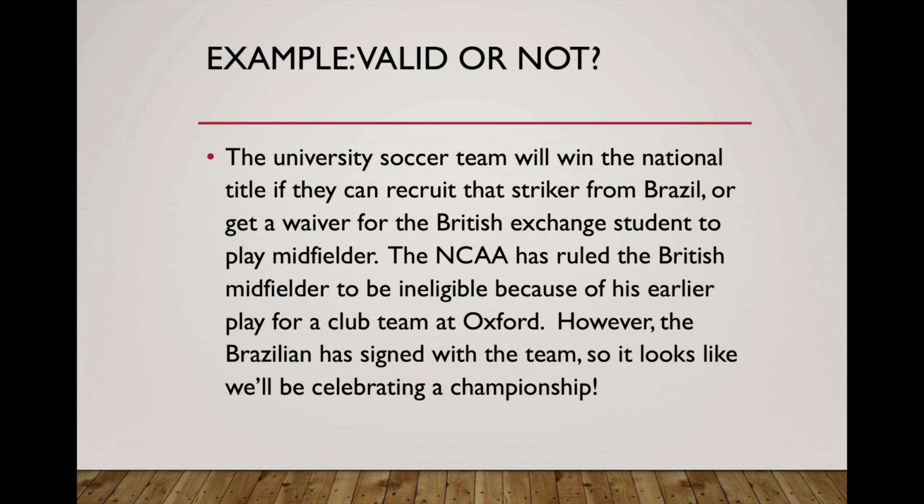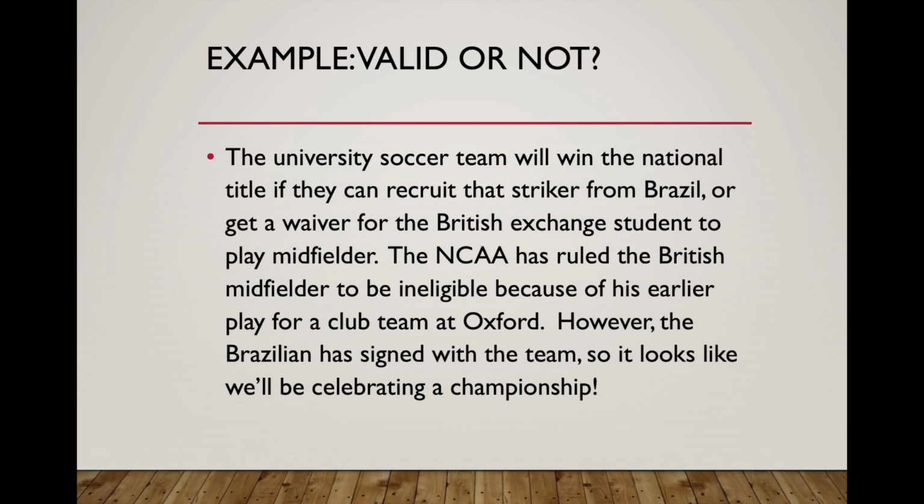So we would restructure that first sentence in standard logical form as: if they recruit the striker from Brazil or the British exchange student plays midfielder, then the university soccer team will win the national title. So we have that sort of complex antecedent, two possibilities, either of which would produce the consequent.